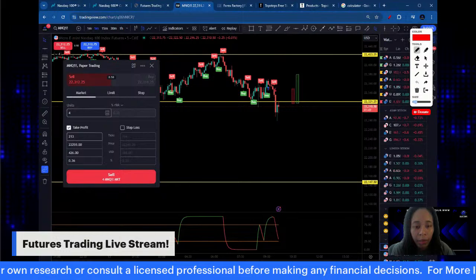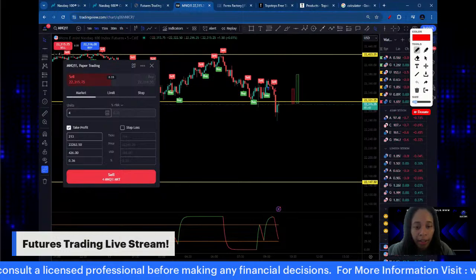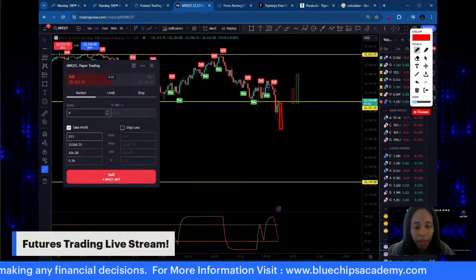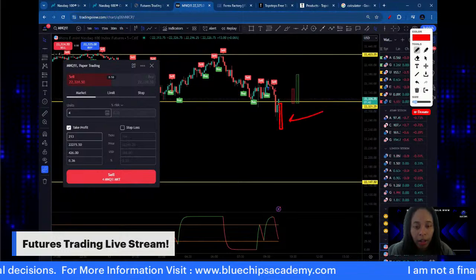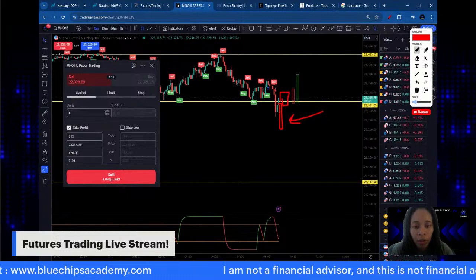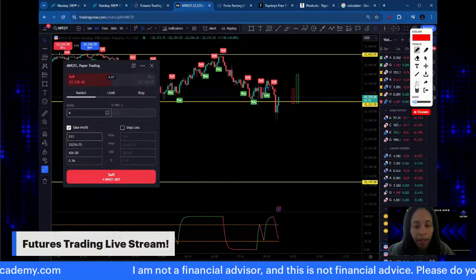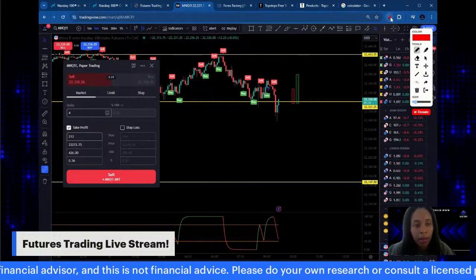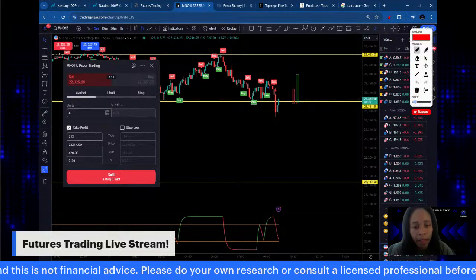So what I'm currently looking for is an engulfing bearish candle if I'm going to take a sell, or a strong bullish candle to look for a potential buy. Just keep that in mind, guys. That's what I'm looking for.